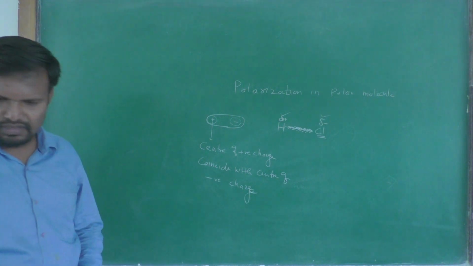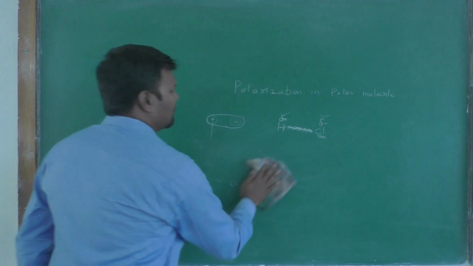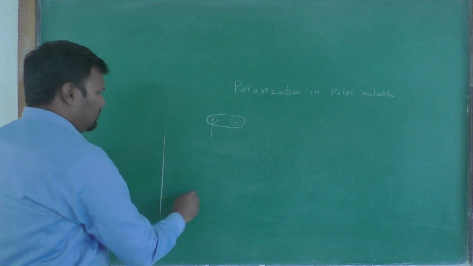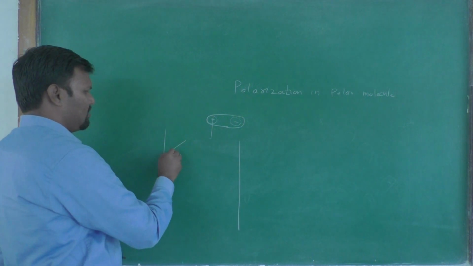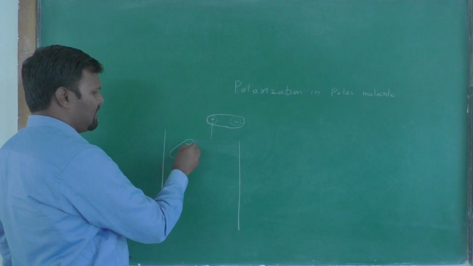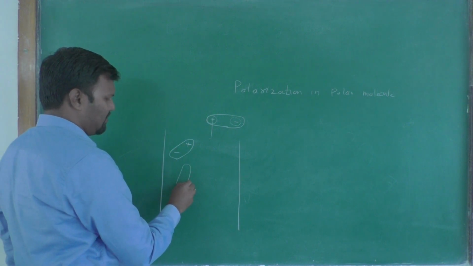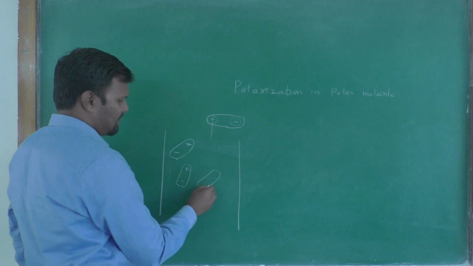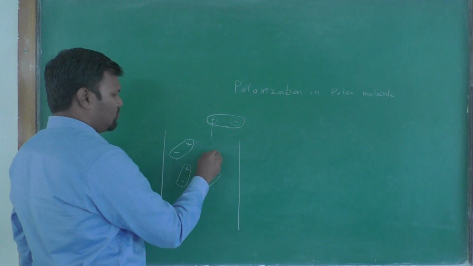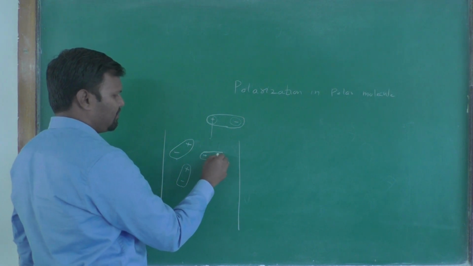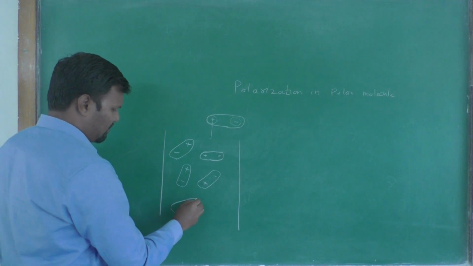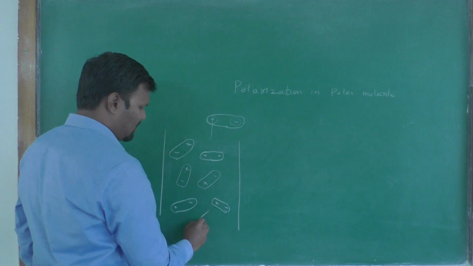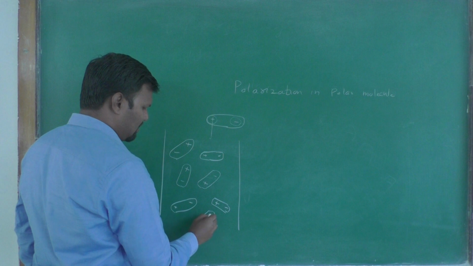Okay, therefore in polar molecules, without applying the electric field, the molecules are present randomly. They have the permanent dipole moment, that is positive and negative charges, and these molecules are randomly placed anywhere without applying the electric field.